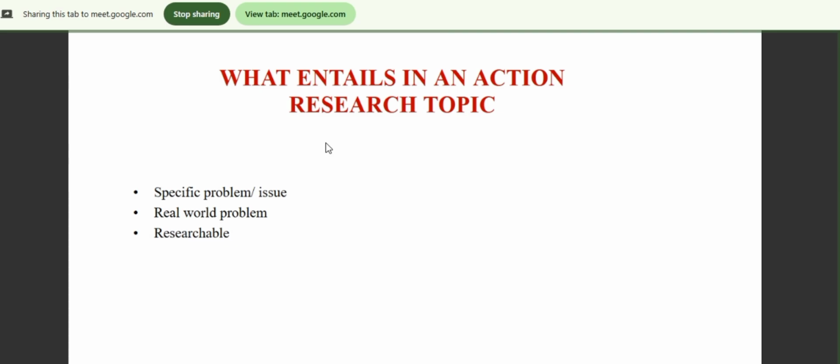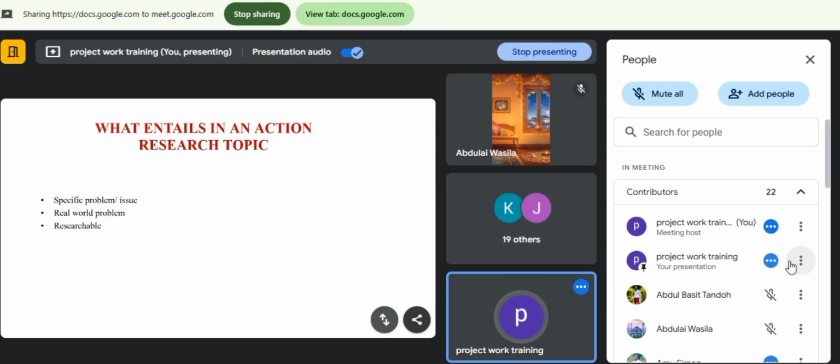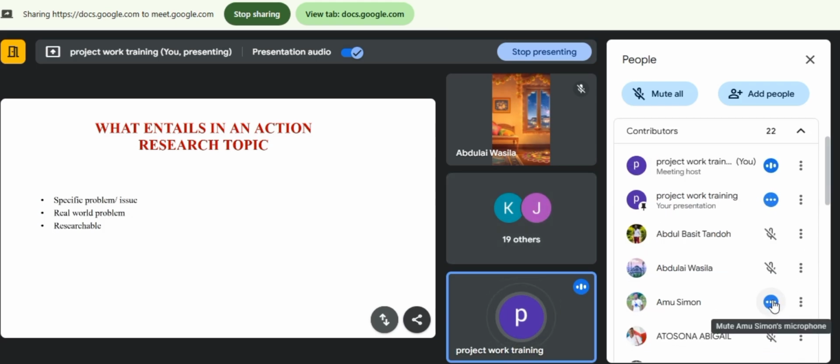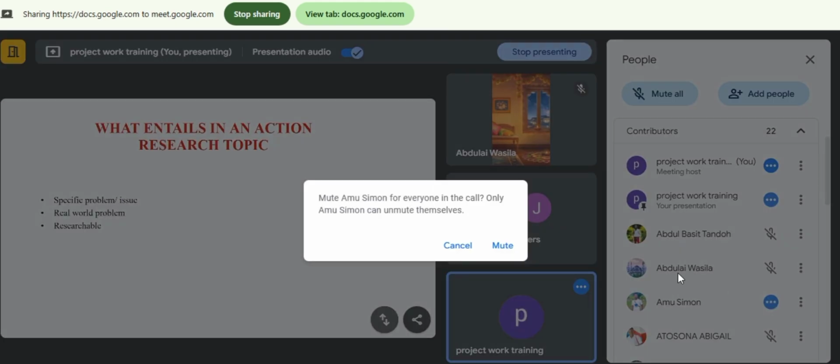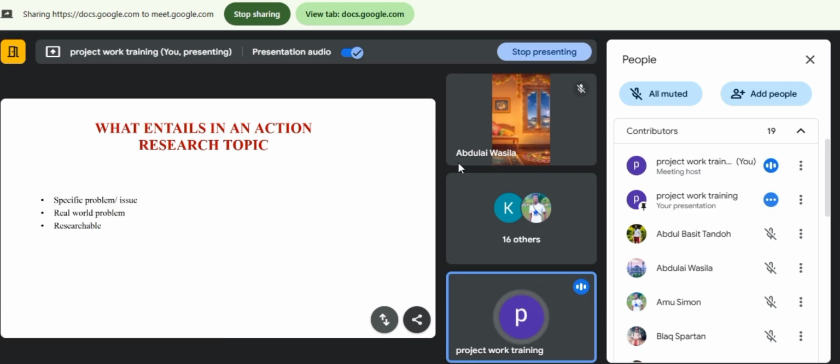The topic that you choose must be a researchable topic. You can't just choose any action research topic and then start to write. Let's focus on that: a topic that allows you to take practical action and implement changes.